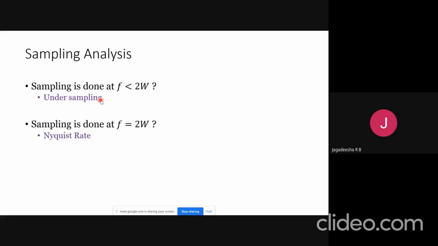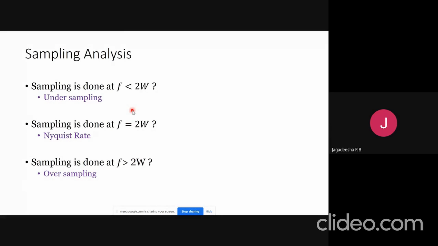Next case, is sampling done at a frequency equal to 2 times the highest component? Then it is called Nyquist rate sampling. The third case, where sampling is done at a frequency greater than 2 times the bandwidth, is called oversampling.